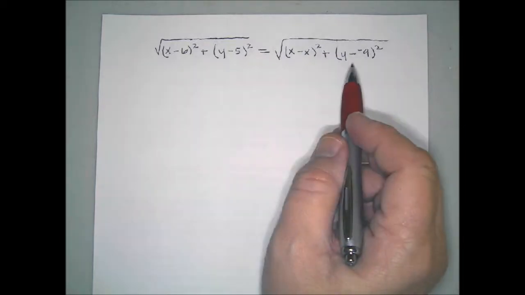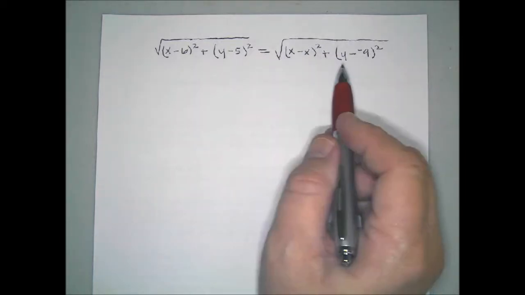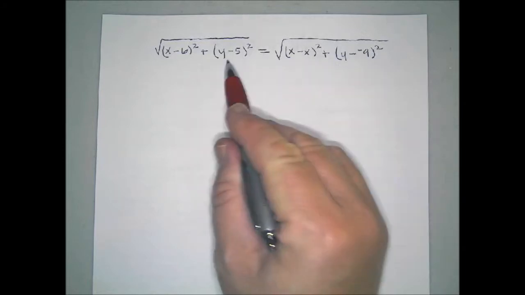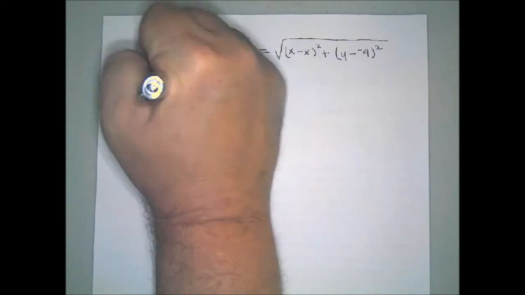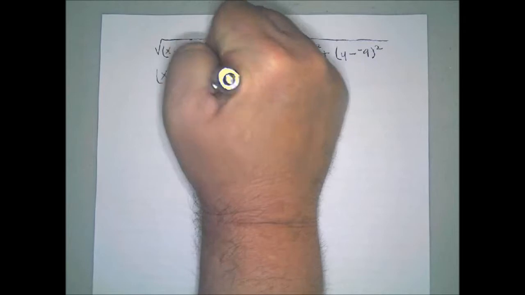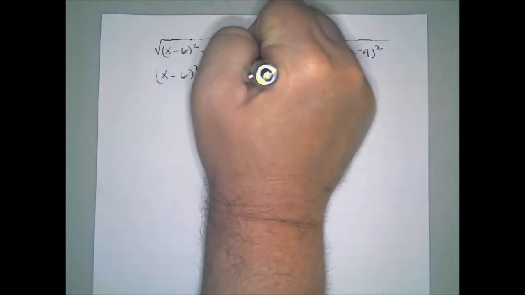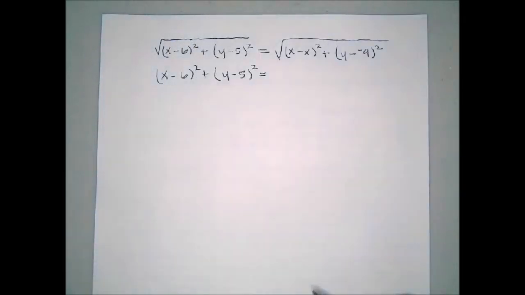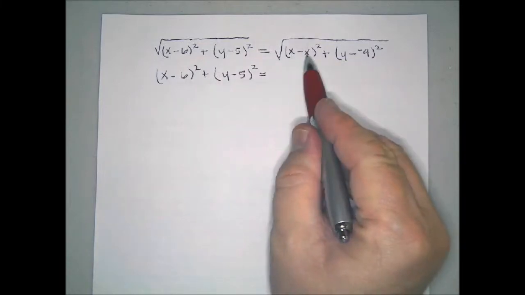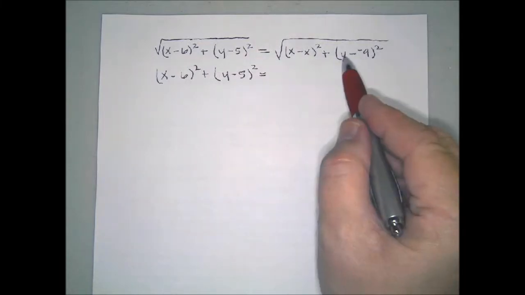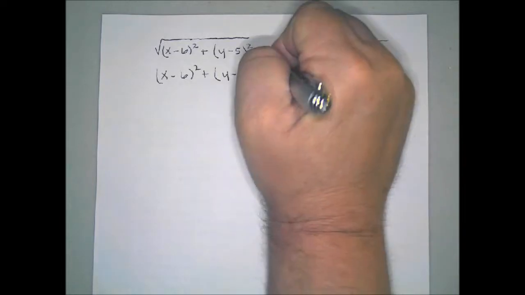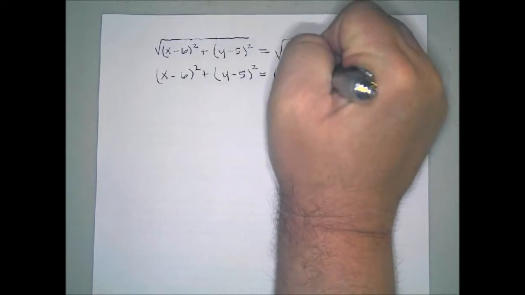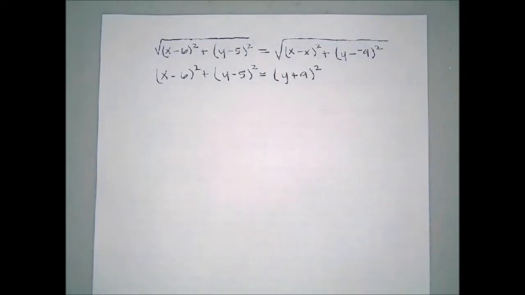Now, the first thing I'm going to do is I'm going to do quite a few things at once. I'm going to square both sides to get rid of the square roots. Now, that just leaves x minus 6 squared plus y minus 5 squared equals. Now, x minus x is 0. 0 squared is 0. And y minus negative 9 squared would simply be y plus 9 squared.